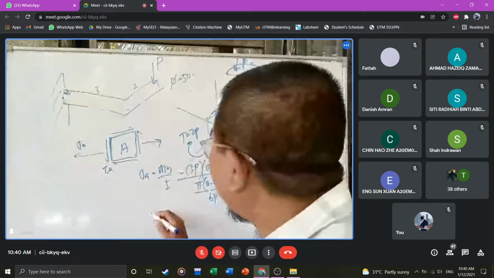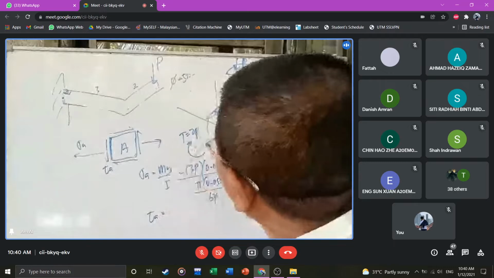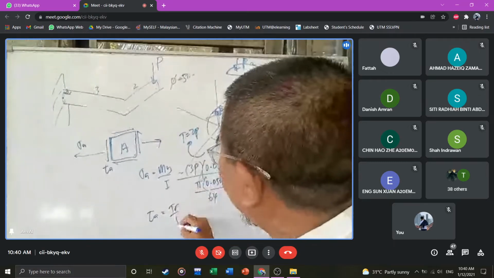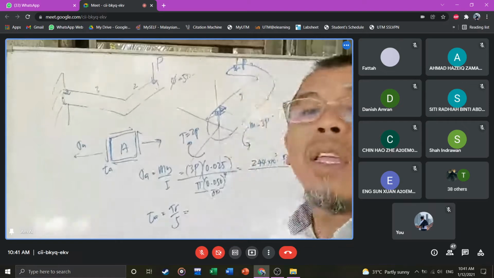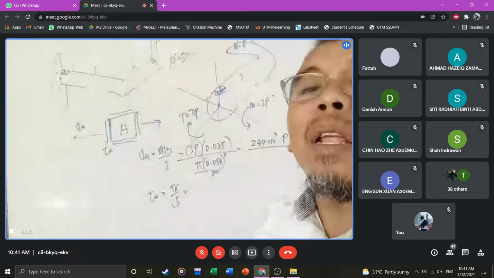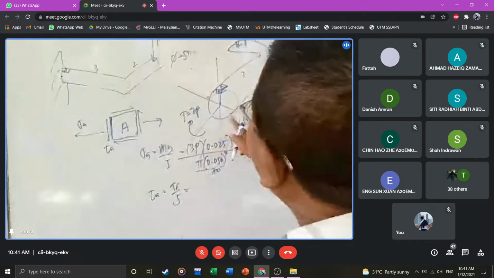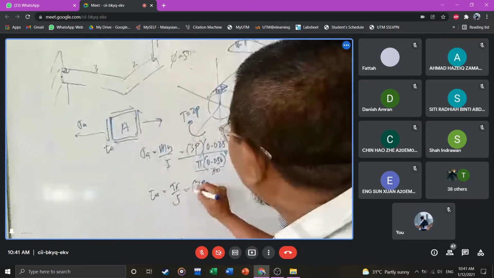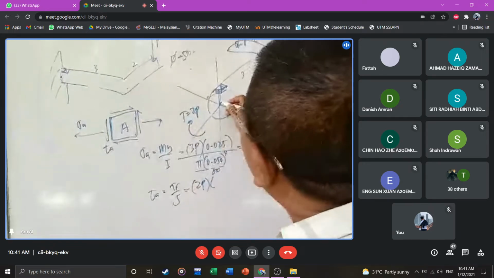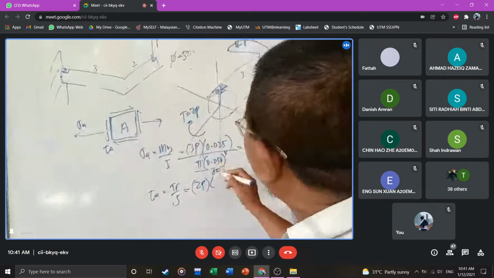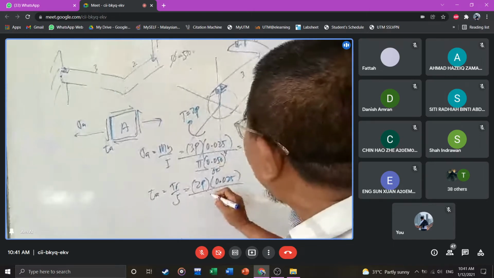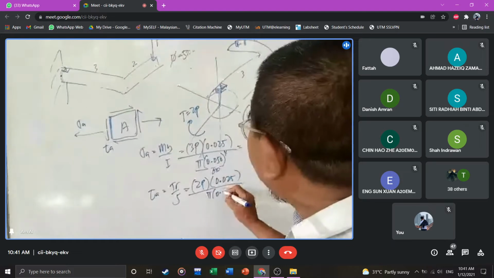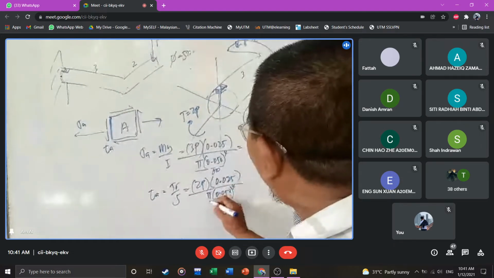What is the tau there? Tau A is equal to, in front of you there, T R over J. Okay, what's your T there? Can you read my writing there? Your T is 2P there. And then your R is that one. Your R is also 0.025. And then your J is pi D, 0.05 to the power 4 over 32.